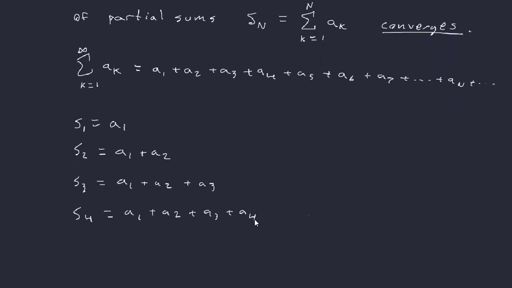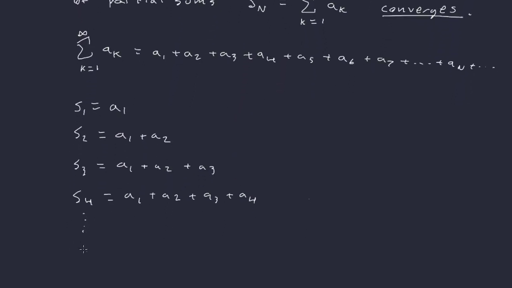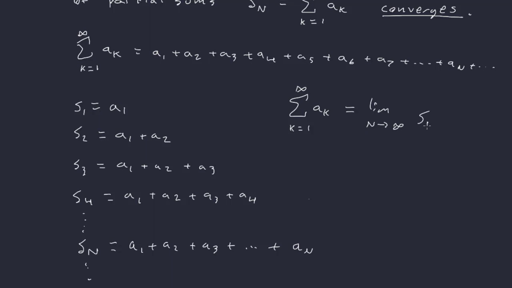Then S_n will be a1 plus a2 plus a3 all the way up to a_n, and then it stops. So what this means is that the series, k going from 1 to infinity of a_k, is actually equal to the limit as n goes to infinity of S_n.